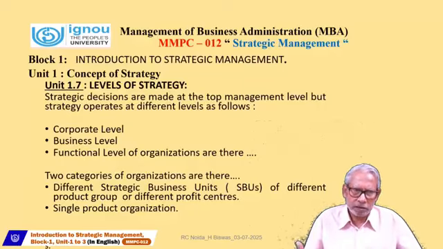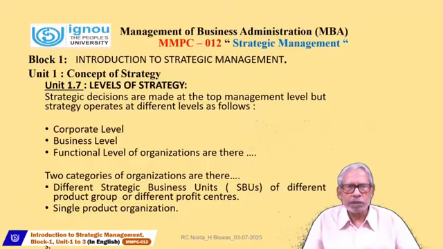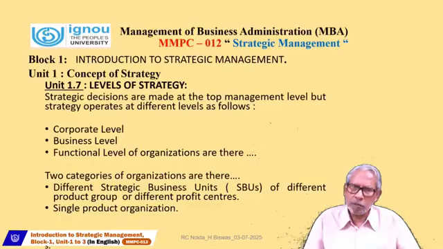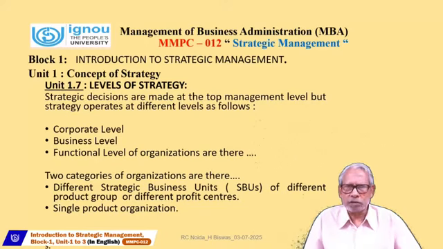So there is a group of products, and that's why we have to adopt different strategies. Different business units also have to take some strategy. Some organizations are single-product organizations, where one strategy is followed by the particular section.